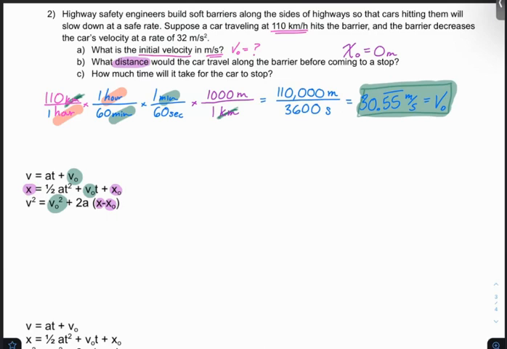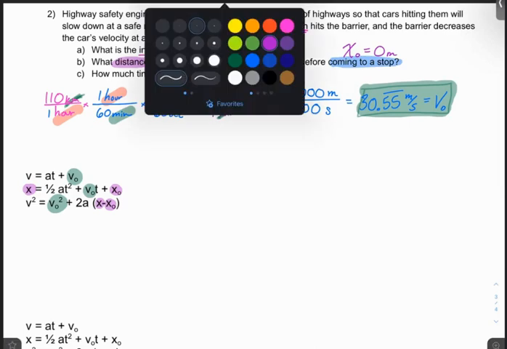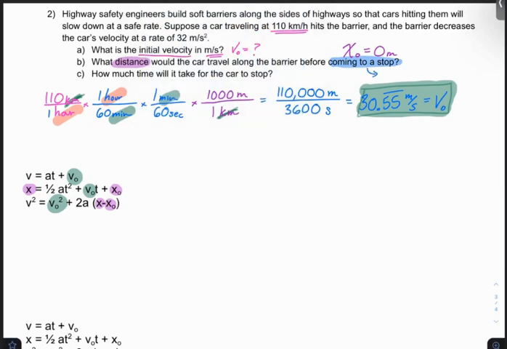And it says before coming to a stop. If I'm doing before coming to a stop, stop means that at the end, my velocity is going to be equal to 0. So that means I have my ending velocity.